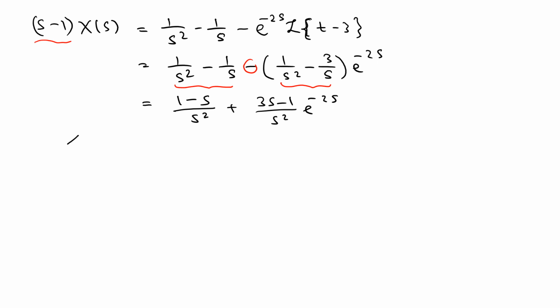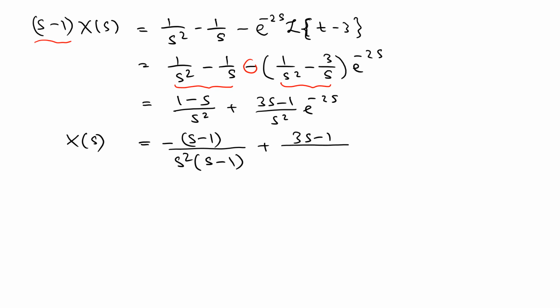So your X(s) is simply going to be, I can pull the negative sign s minus 1 out for a reason, and this s squared you divide by s minus 1, and then plus 3s minus 1 over s squared (s minus 1) e to the minus 2s, and you can see this term gets cancelled.